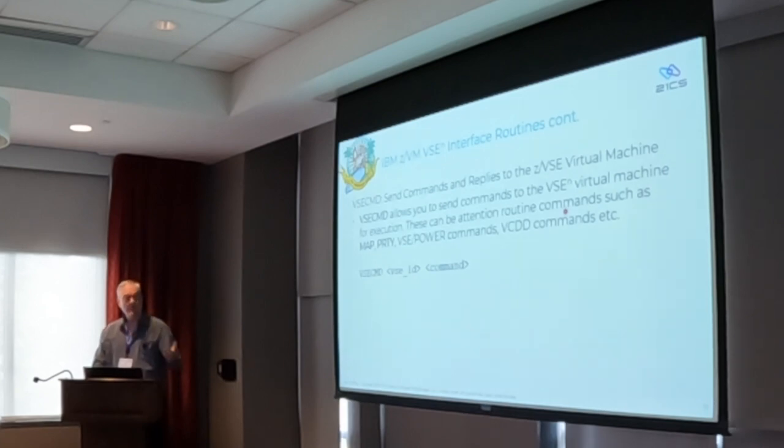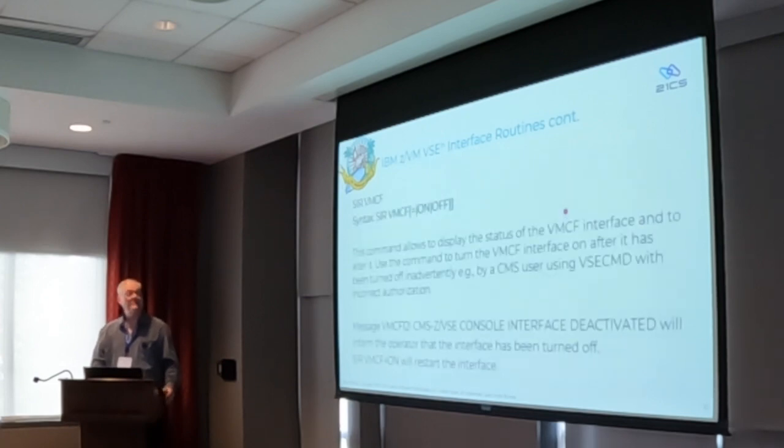Okay, this is also the short form of how you use the VSE command. I mentioned you can do things like MAP and PRIORITY and any of the POWER commands to display your queue contents. You can delete members out of the queues. You can issue VTAM commands, all through the VSE command.